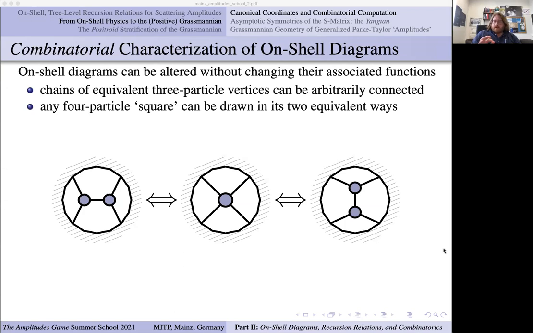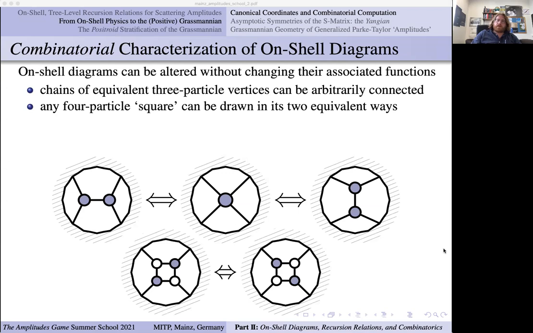And then the less trivial relation is called the square move, or the box relation, which we already saw in the previous lecture, which is that the 4-particle tree amplitude can be represented by this picture or by that picture. And because either this picture or that picture represents the 4-particle tree amplitude, the Parke-Taylor amplitude for 4 particles, it doesn't matter how you draw it.